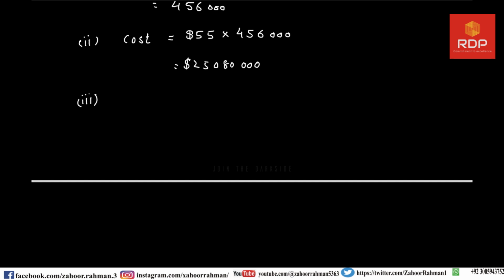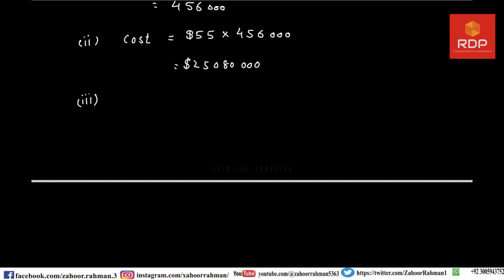Third part is saying that given that the site of the quarry has a land area of approximately 3 hectares, find the cost to fill 1 meter square of the land.